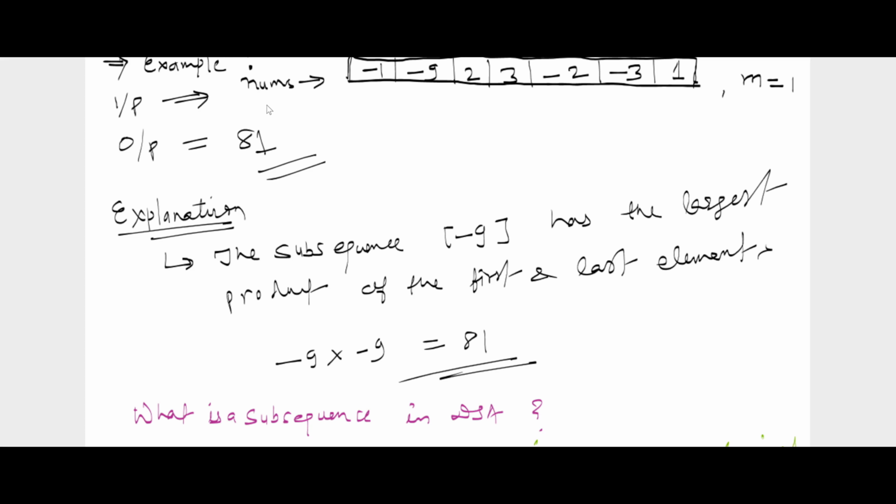In the first example we are given minus 1, 9, minus 9, 2, 3, minus 2, like this, and we are given m, and the answer is 81. What is the 81? Since m equals 1, it means we square each element and take the maximum square.